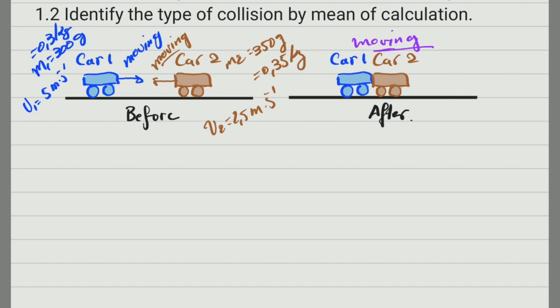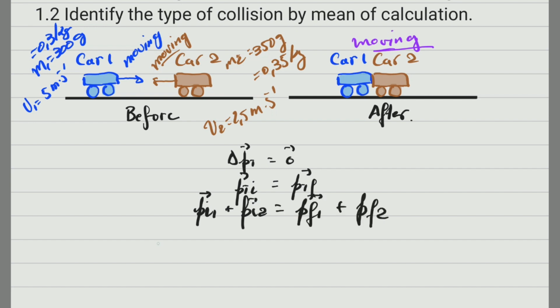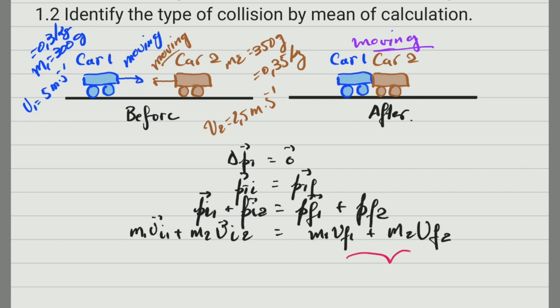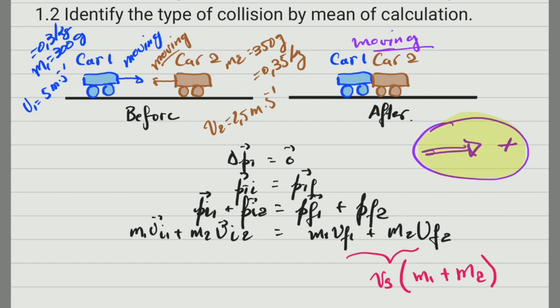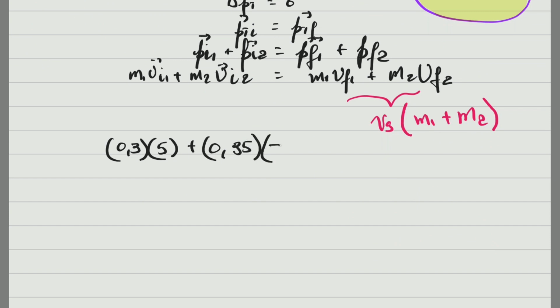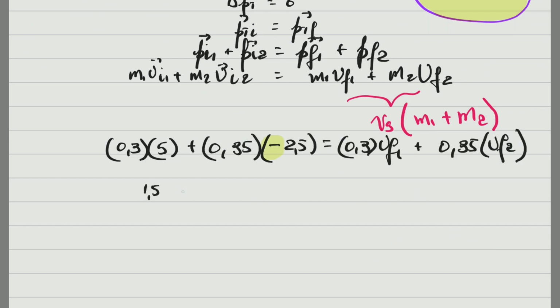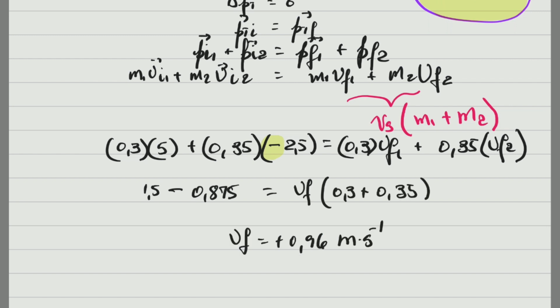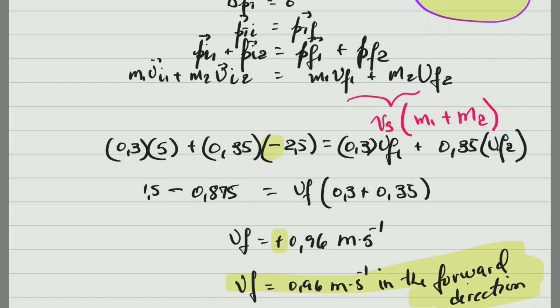I'll leave the link there. This is the velocity of the two cars moving together.